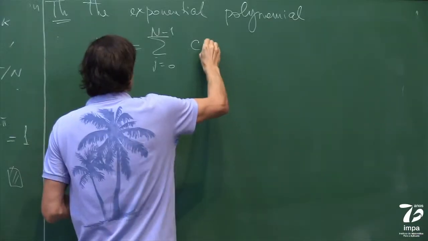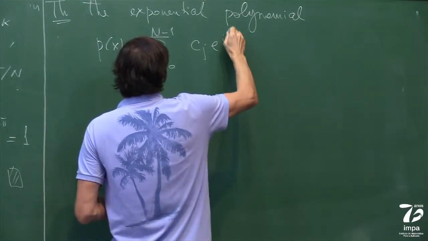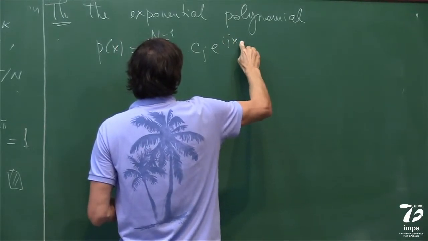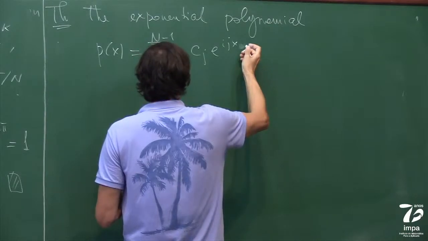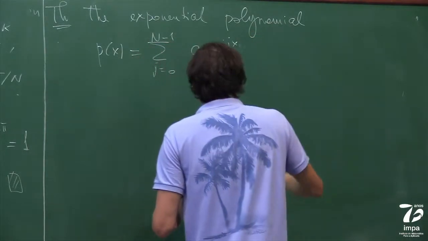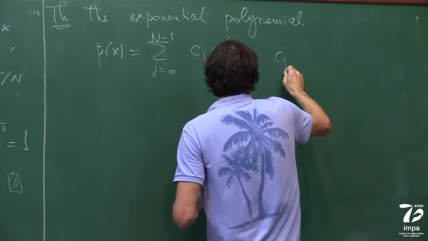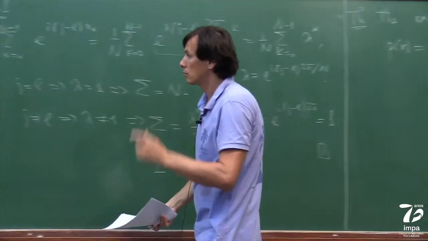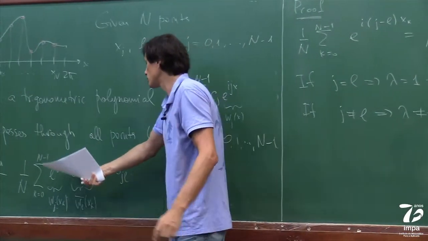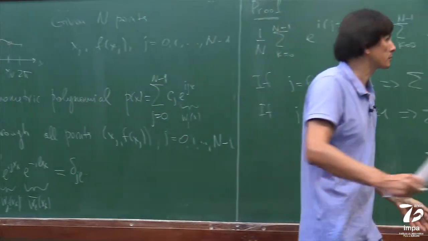So it's the exponential polynomial of x. We just have to project it on these functions using them as a basis.